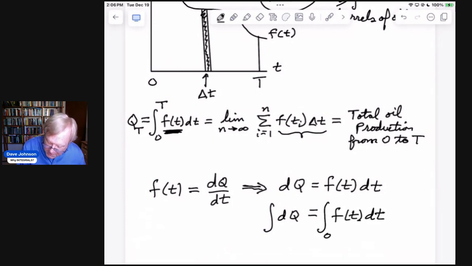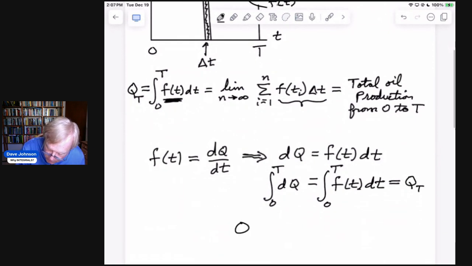If we integrate from 0 to t in both of these cases, what have we done? We've produced an answer which is our quantity Q of t. And so Q of t, the total quantity of oil produced, or whatever it is that we're measuring here, is actually the integral from 0 to t of dQ.